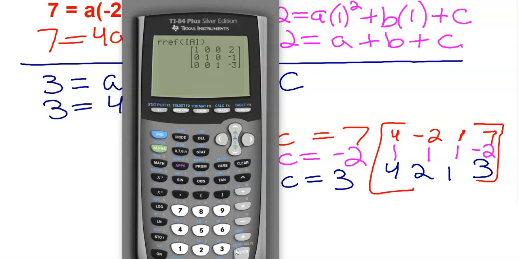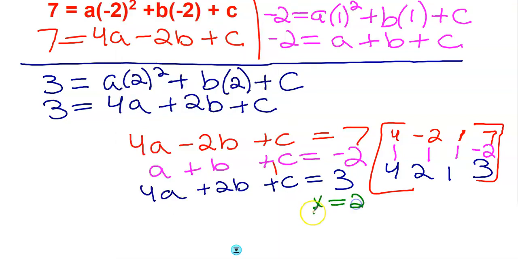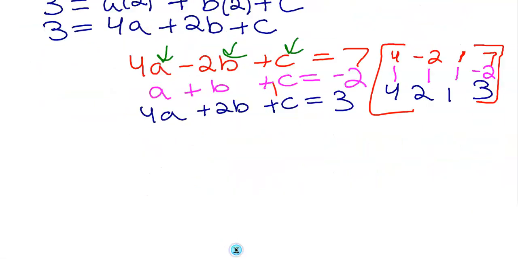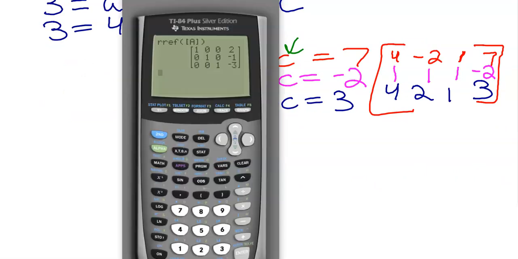So my x is 2. Oh, but for this one, instead of finding out what x, y, and z are, because I know what x, y, and z are, what am I trying to find? I'm trying to find my a, b, and my c. So that's a little bit different. I'm trying to find a, b, and c for this, not my x and y. I know what that is.